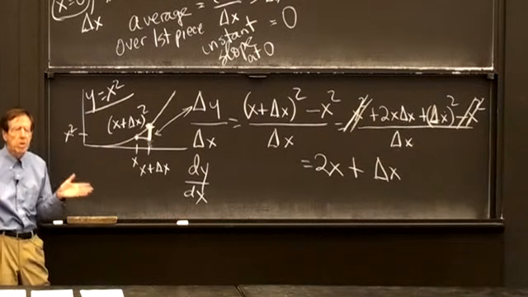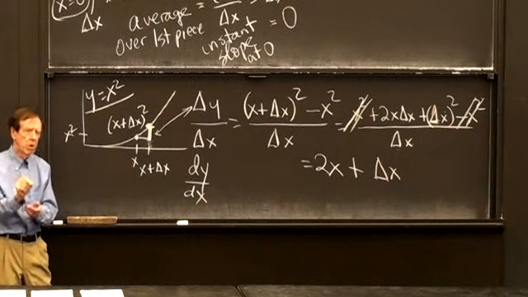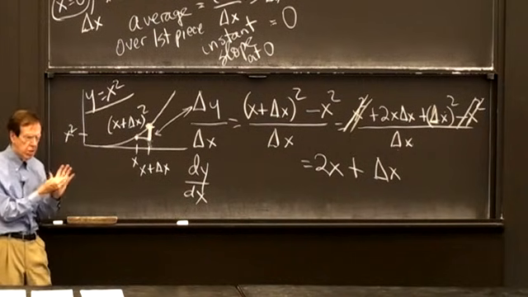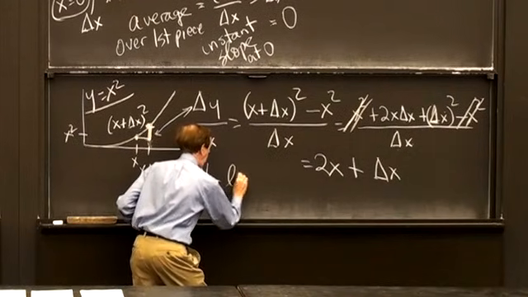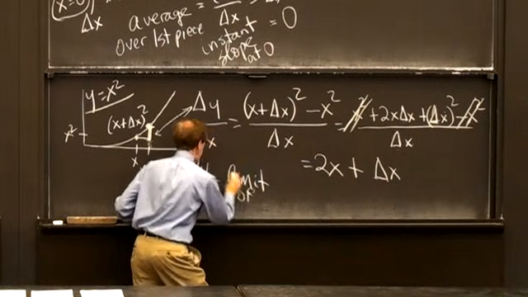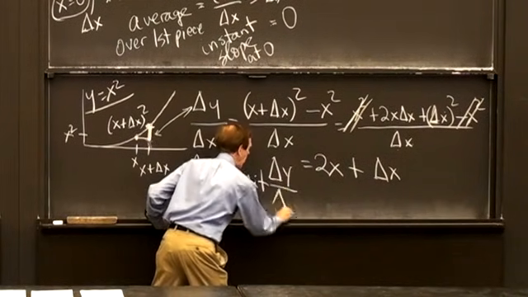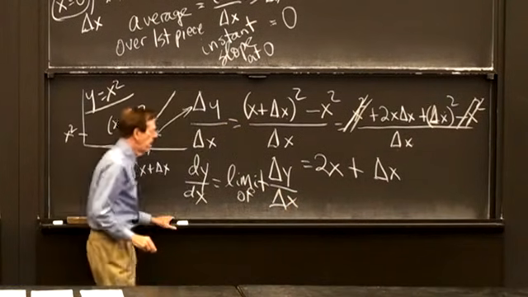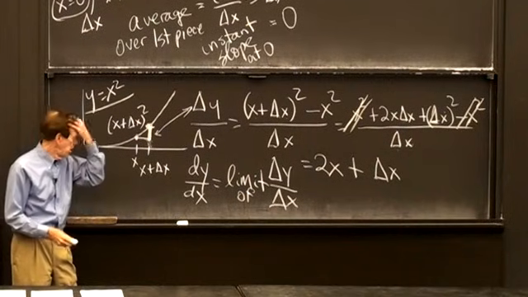And you might say, well, 0 over 0, what's the meaning? Well, the meaning of 0 over 0 in this situation is I take the limit of this one, which does have a meaning, because those are true numbers. They're little numbers, but they're numbers.